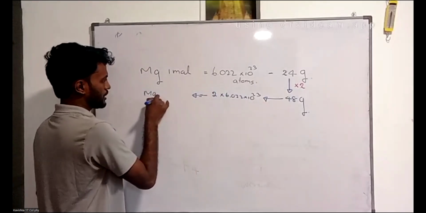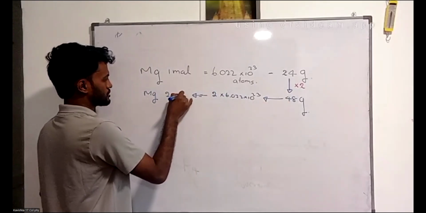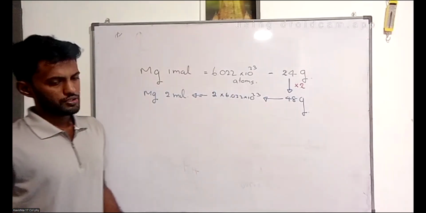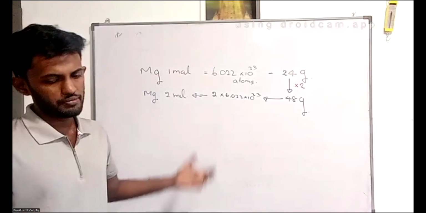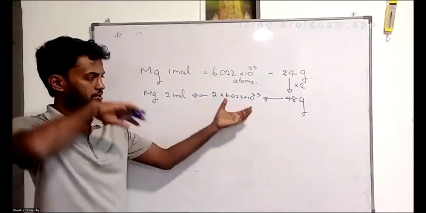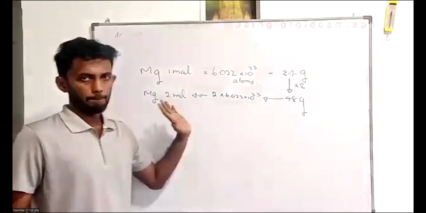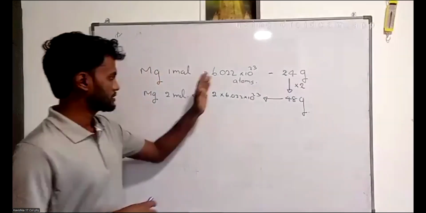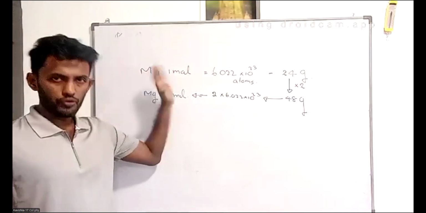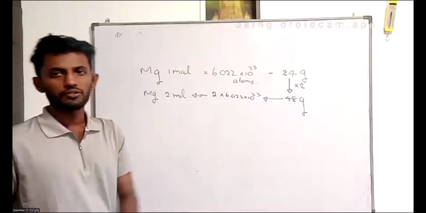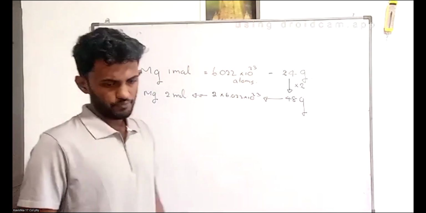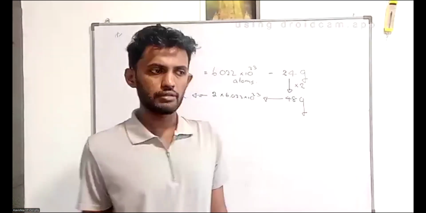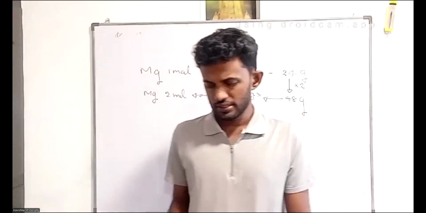Here it's magnesium 2 moles. Right? In questions, sometimes they ask moles, sometimes atomic count, sometimes mass. It doesn't matter. They can ask any one of these 3 columns, but if you write this basic one, then you can answer any question.